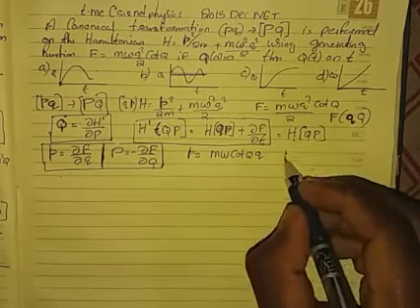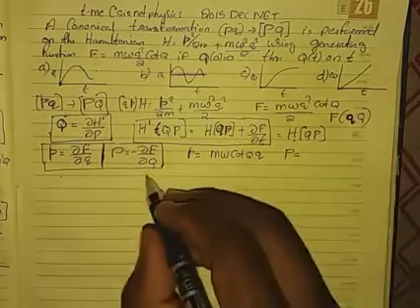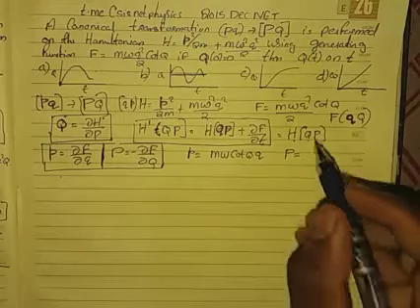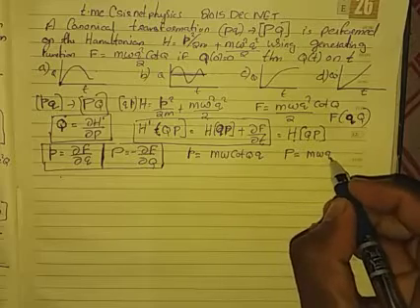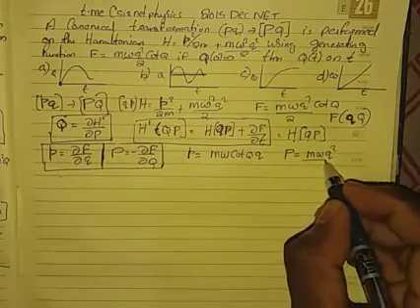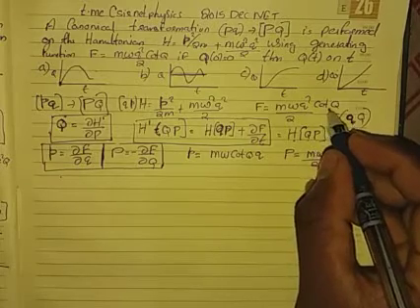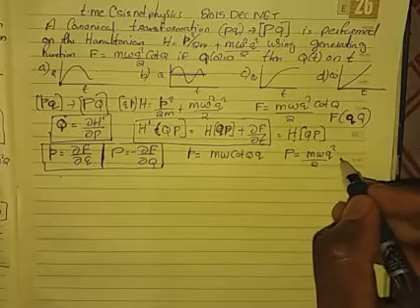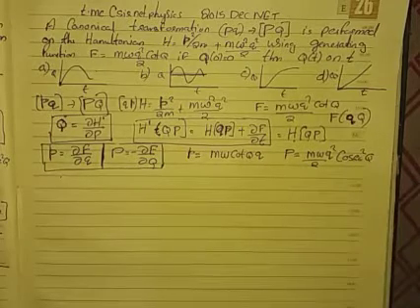Then you can calculate capital P, which is minus dou F by dou capital Q. You get m omega q squared by 2 times, there is a minus sign, and the derivative of cot Q is minus cosec squared Q, so minus and minus will get plus, and cosec squared Q. That's what you get.